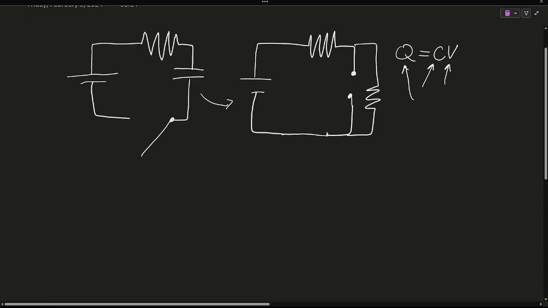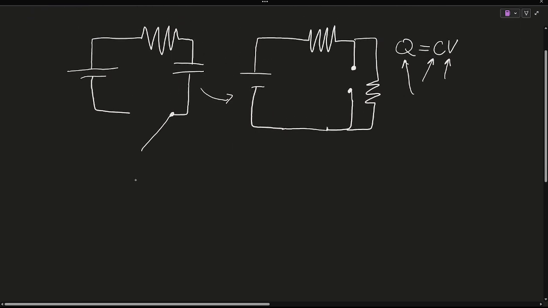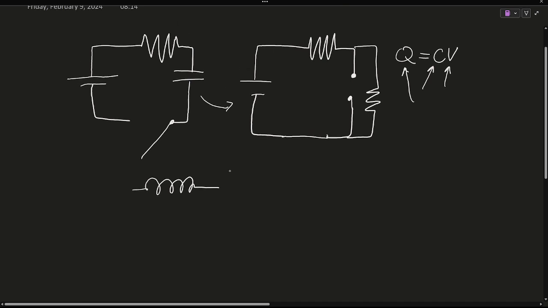Alright, so that's capacitors. Now what about inductors? You might not have gotten to inductors yet, but this is the symbol for them in a circuit. Capacitors oppose changes in voltage.